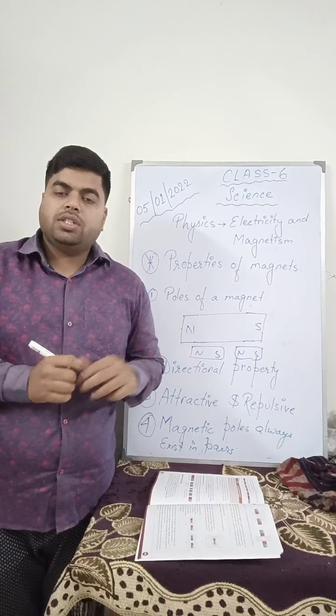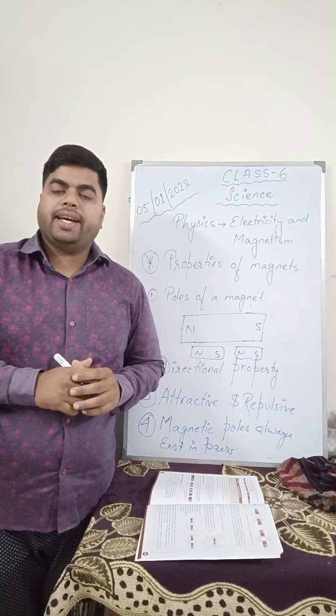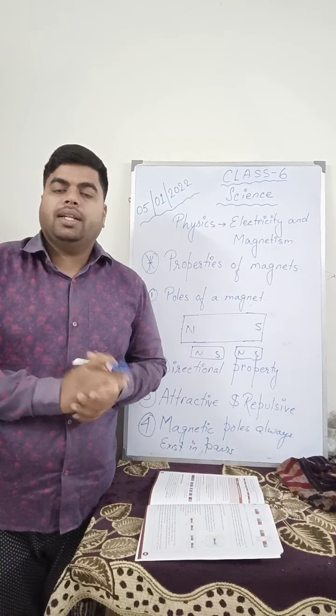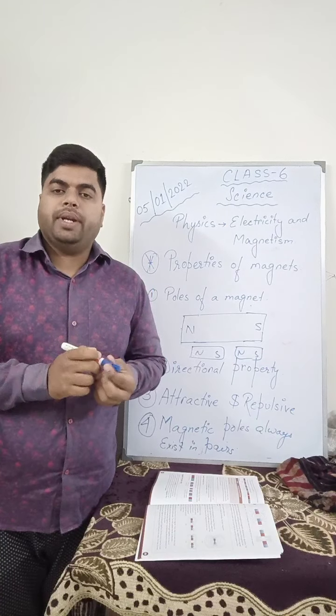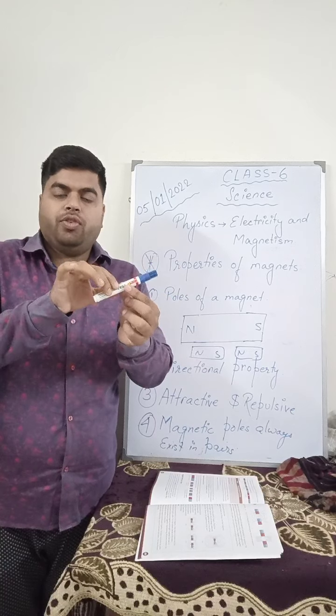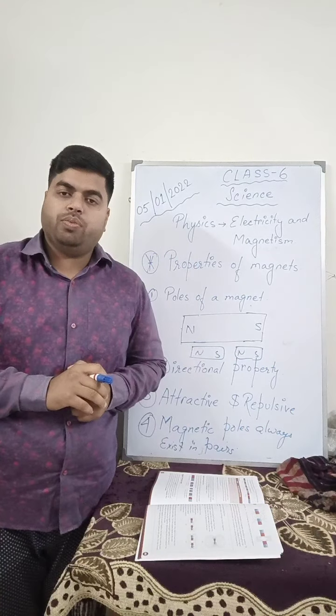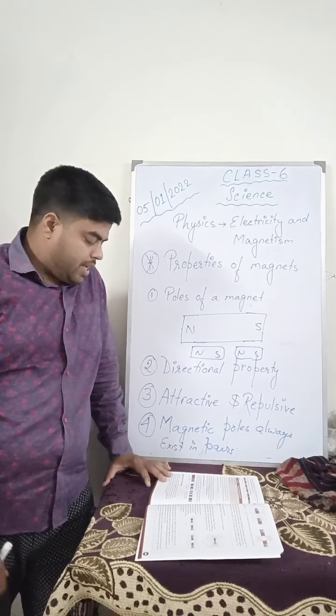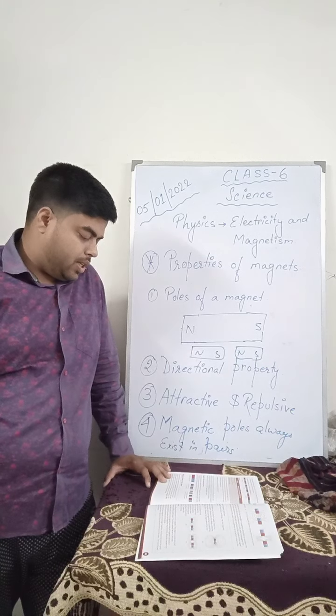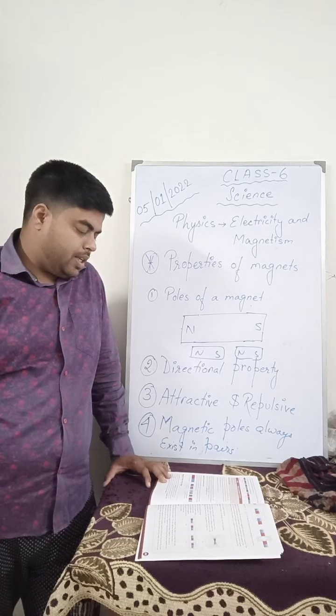That means the poles always exist in pairs, they always remain in pair. That means north and south, they always remain. If you take this as a bar magnet and break it, the two halves will also have north pole and south pole. We cannot separate one magnetic pole from the other, they always exist in pairs.